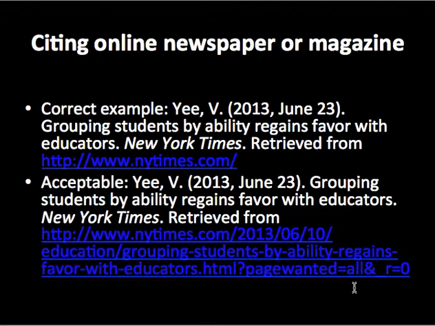So for your own references in the future, if you want to be able to find it right away and you have the direct URL, I will accept that you include a link. At least most of the time, the links will be good for a few years. But the correct way is just to cite the main address of the magazine or the newspaper.